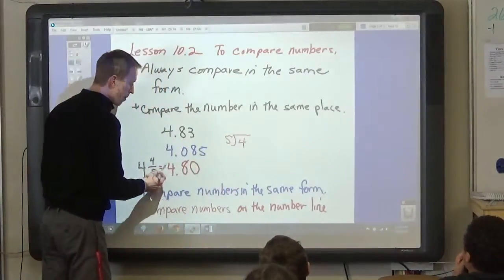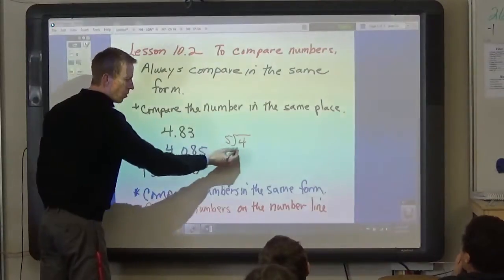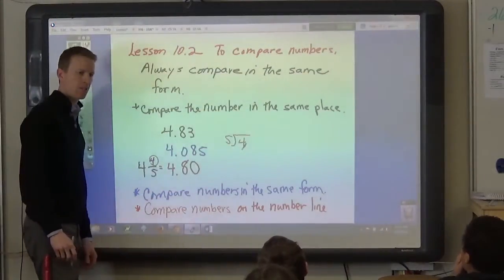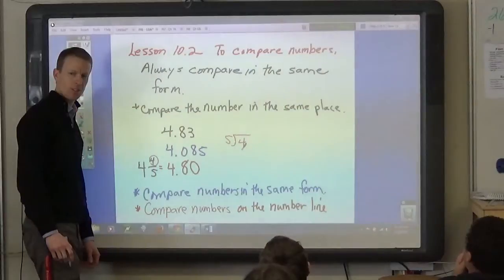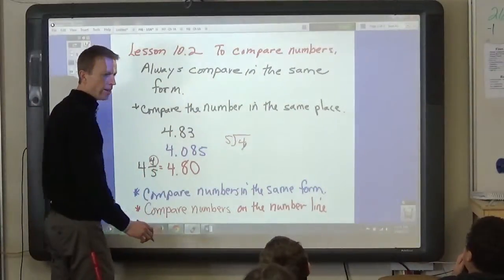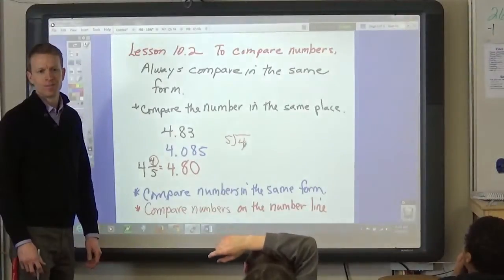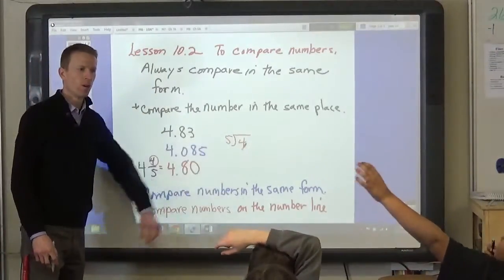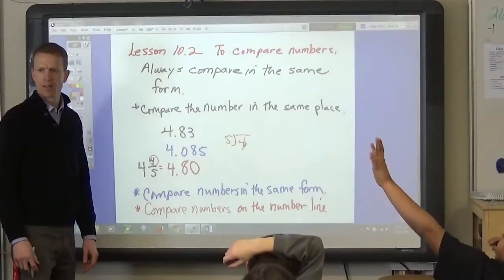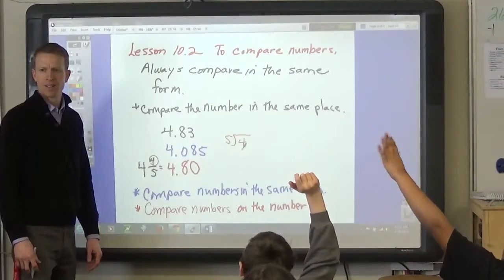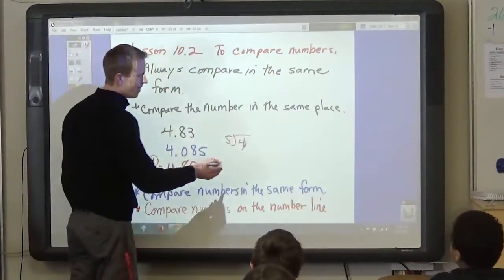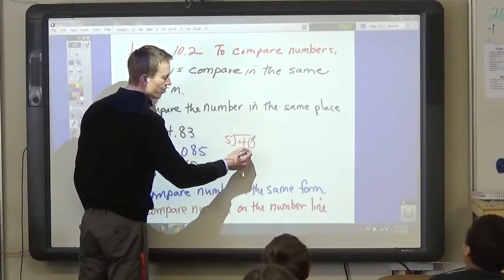The top number always goes in the house. Okay? Then what? Can we put 5 into 4? No? Now what? Okay, Noah? You put a 0 behind the 4, and then divide by 5, which is 8.